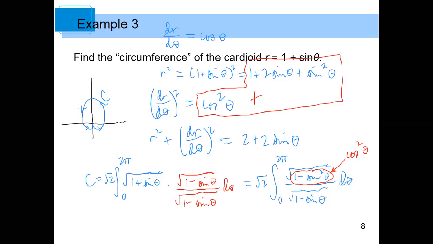If the thing being squared was positive. Well, cosine is positive so long as I'm to the right of the y-axis, yes? Cosine is positive for angles to the right of the y-axis.